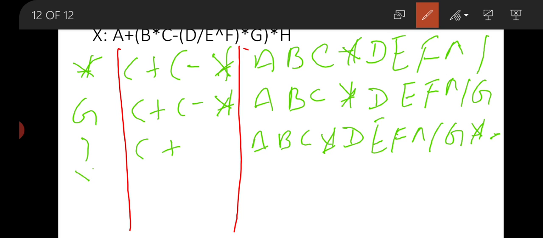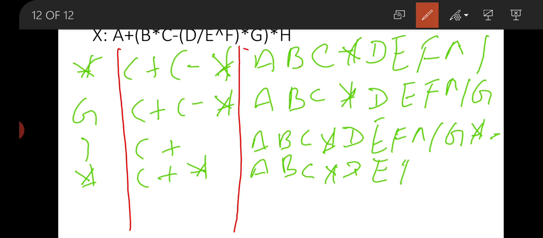Again we have scanned the multiplication. Then our stack will be a b c multiplied by d e f exponent g multiplied by and minus.